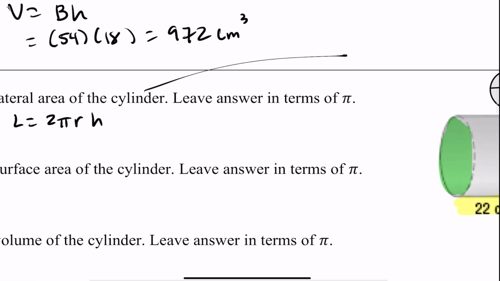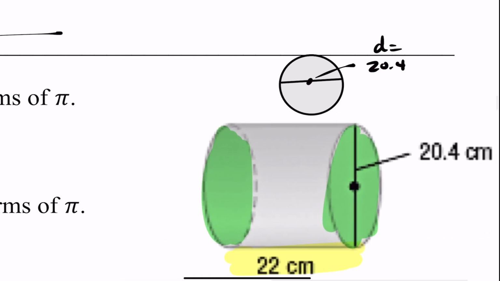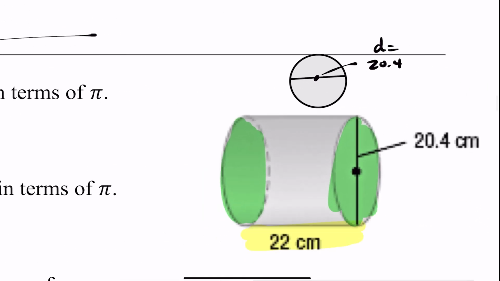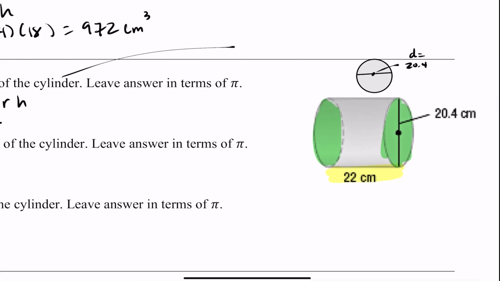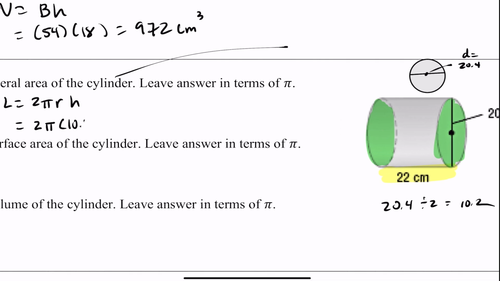And then that's equal to 2 times pi. The radius is half of the diameter. That's 10.2, since 20.4 divided by 2 is 10.2. And the height, what separates the two circles? 22.